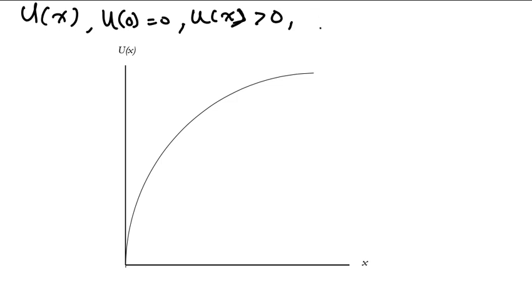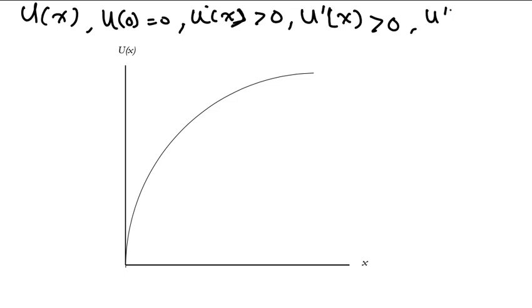And because of its concavity, we have to have U'(x) positive. That means it's upsloping, so marginal utility of playing the game is positive.